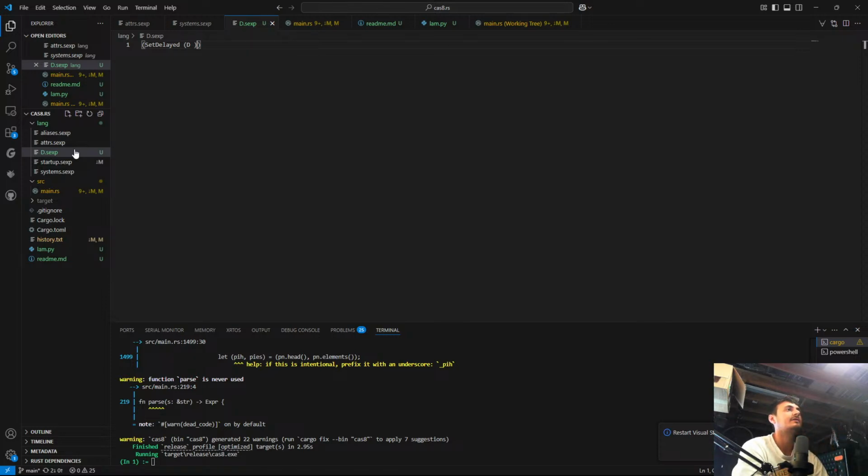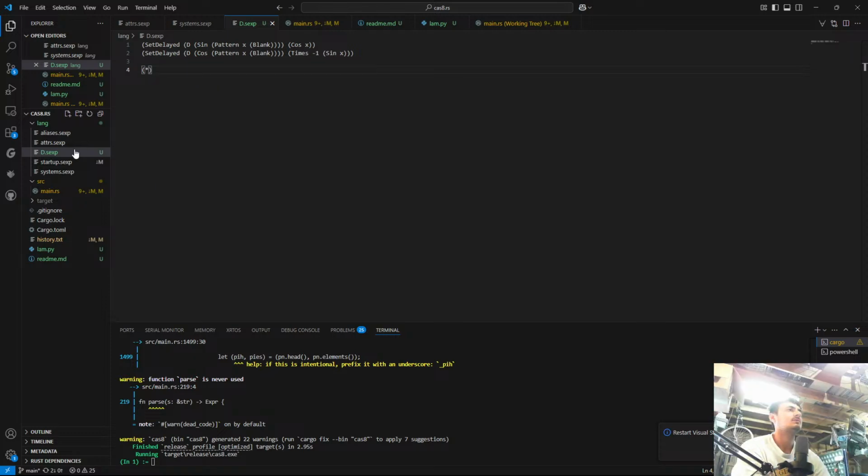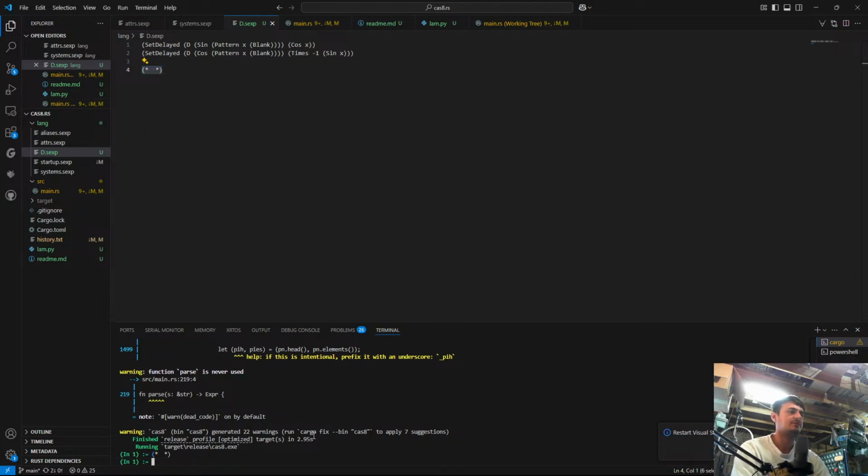I think we have to do this. Sine, what is it going to be? Sine pattern x, I think. And then I can probably just do this. I'm pretty sure that comment characters work like this.